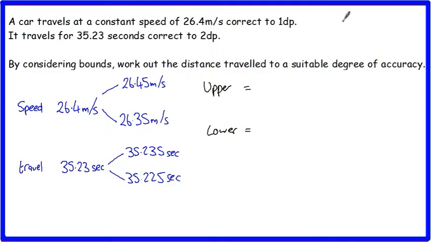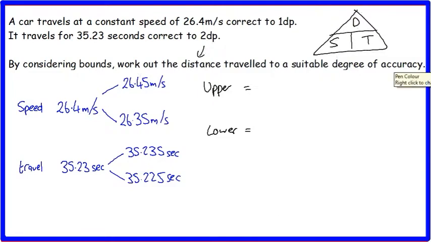Now, speed is equal to distance over time. I'm looking for distance. So it's going to be speed times time. It's going to give me my answer. Okay, so the upper answer for this, and I'm multiplying, so speed multiplied by time.